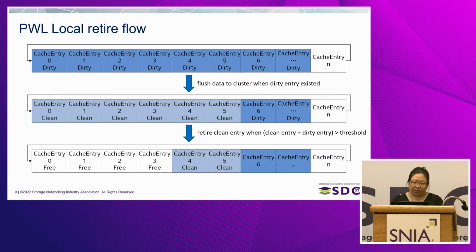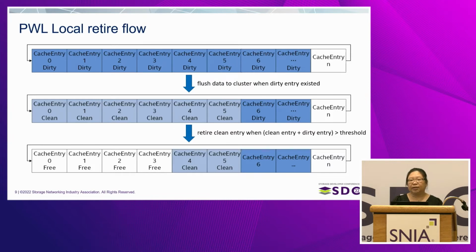The Ceph cluster then writes the data to the SSD or hard disk. So once there is a dirty cache entry, the background thread will work. When the background thread writes the cache data back to the Ceph cluster, it will mark the cache entry clean, but it is still valid.